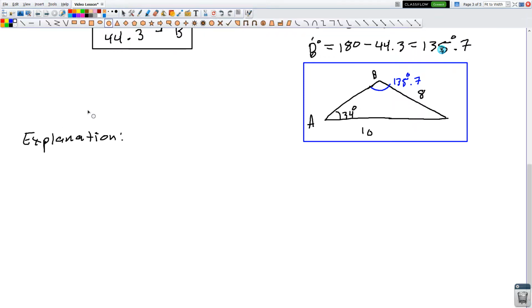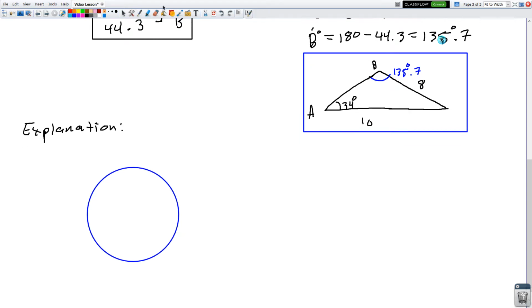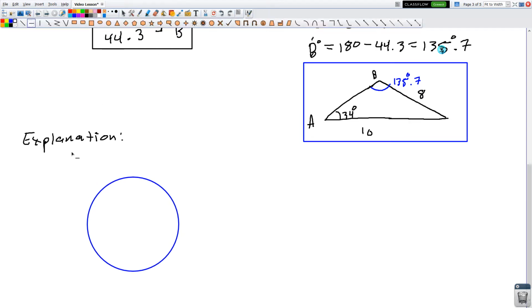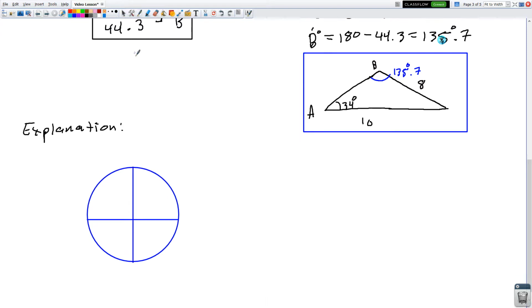Let's just build a random unit circle. All right, so we got a circle right here. Let's just label our axes. Let's say this is my x-axis, and this is my y-axis. All right, perfect. So from our unit circle, let's take into consideration angle 30.